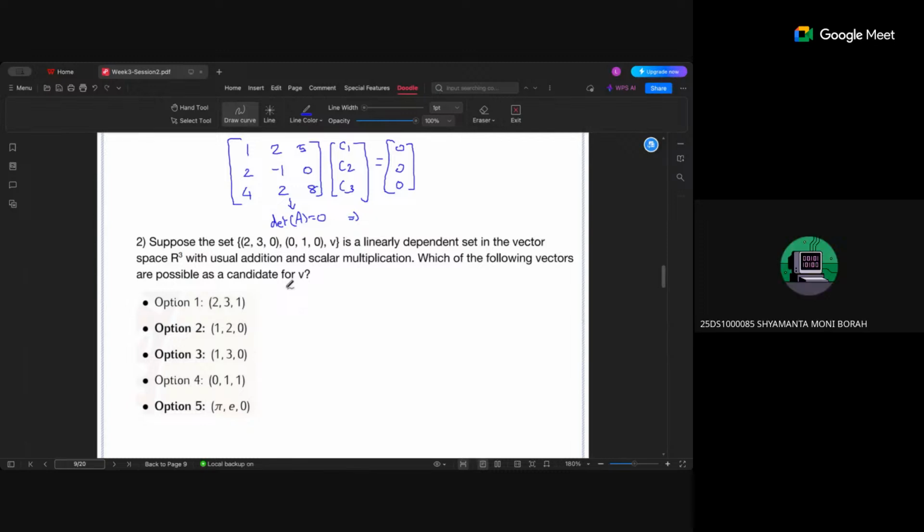Scalar multiplication is there. We try to find zero in the third column. Exactly, 0 in the third column. So if you consider any of these options, like options 2, 3, and 5, you see the third entry is 0.